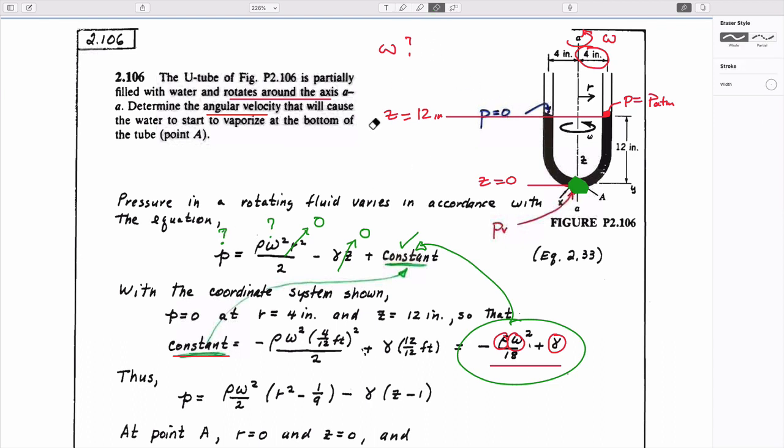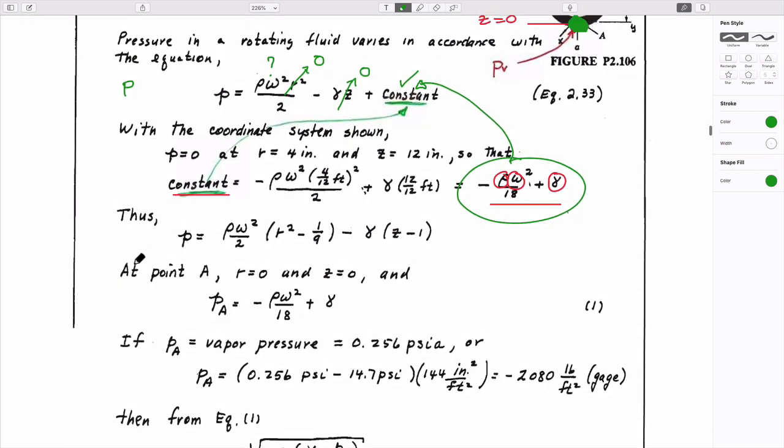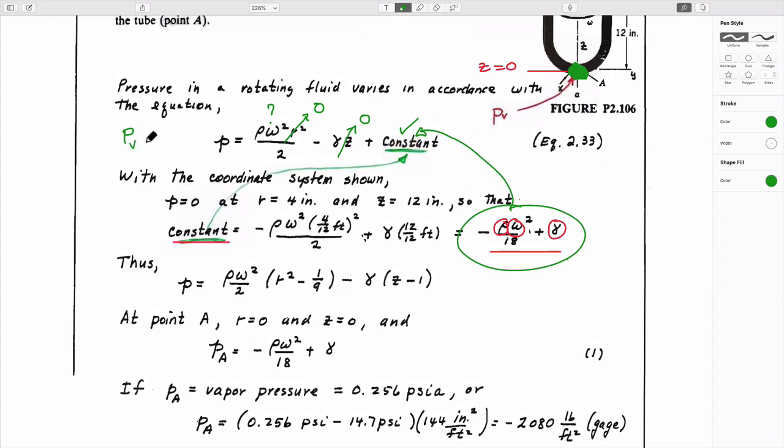So I said that we don't know it, but of course we do, because we know that this magnitude will be the vapor pressure of water in terms of gauge pressure. And so the vapor pressure of the water is going to be P_V minus P atmospheric.